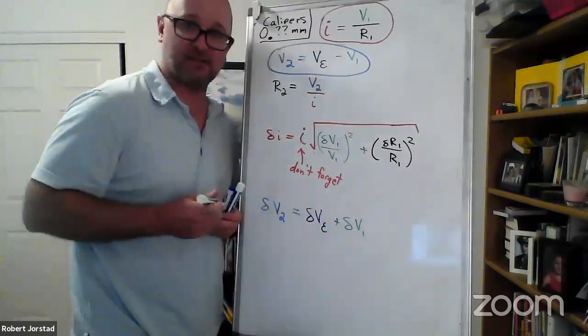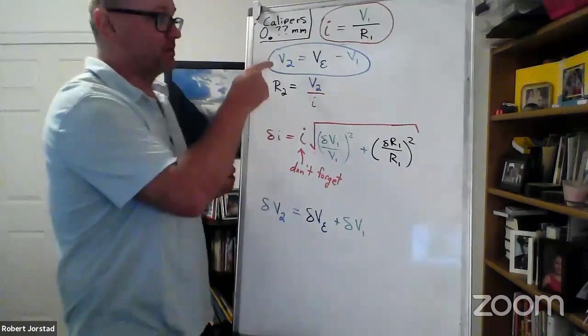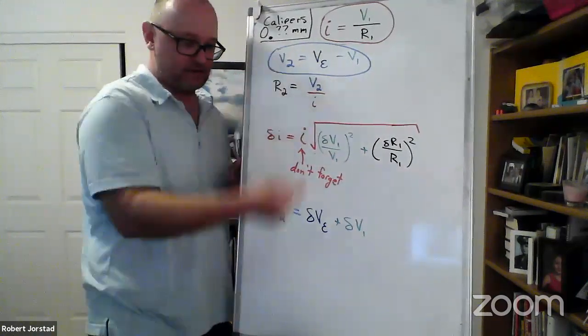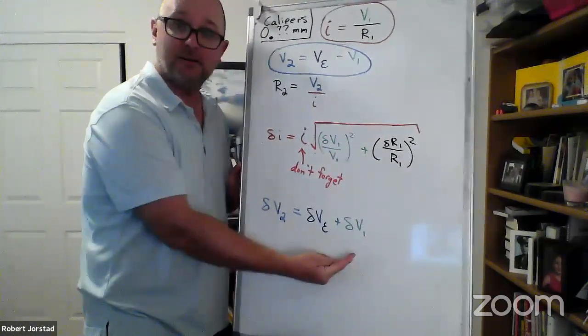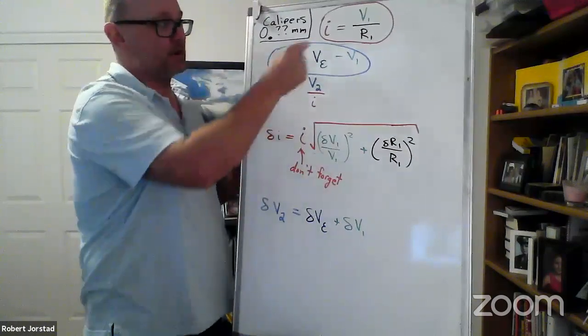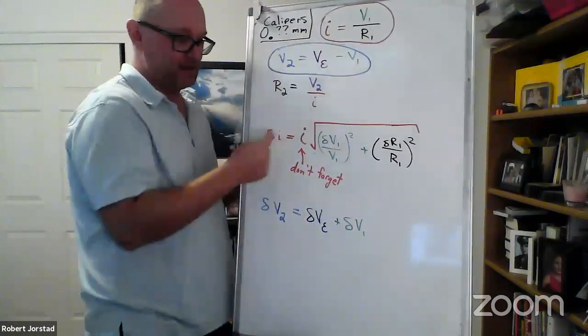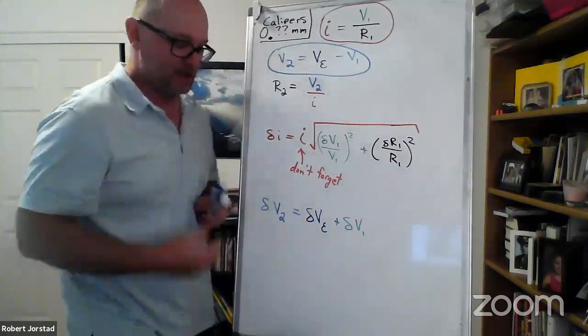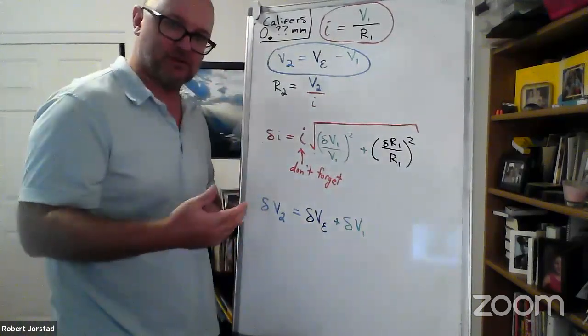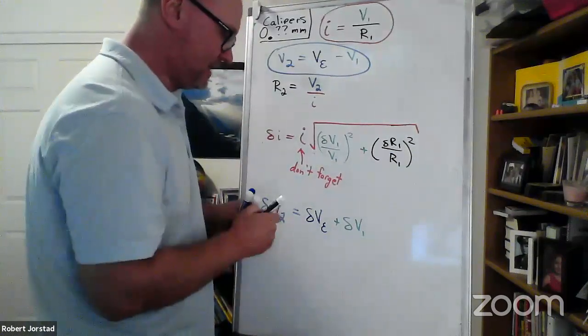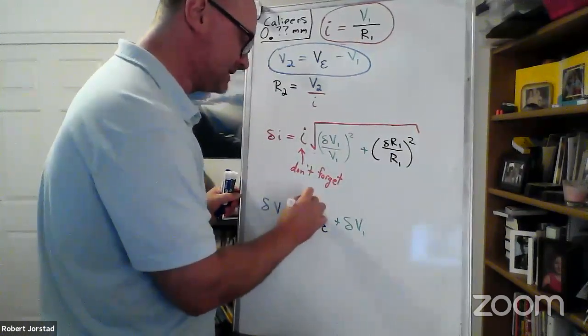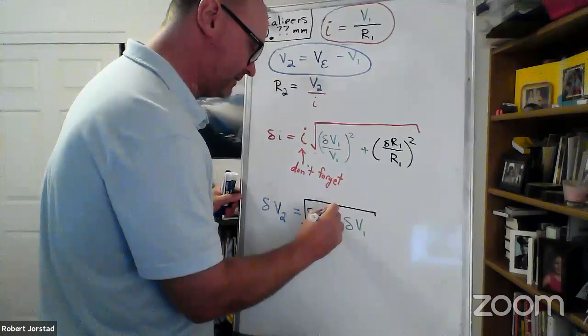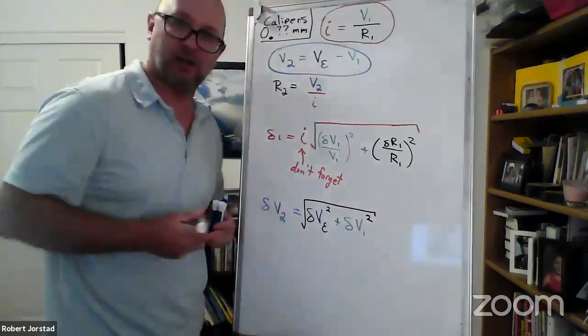So notice something very different here. When you're doing an addition or a subtraction, the errors just add up. When you're doing a multiplication or a division, we get this complicated formula where the fractional errors add up. Now, it turns out we can add these errors in quadrature to get a slightly more reliable estimate.